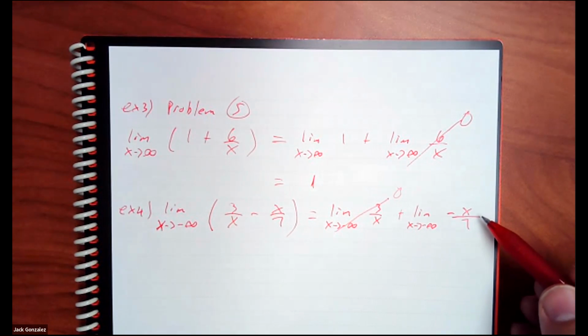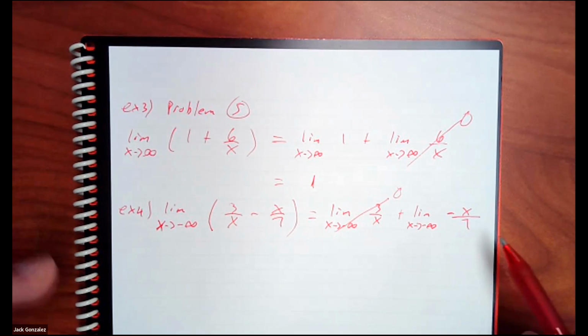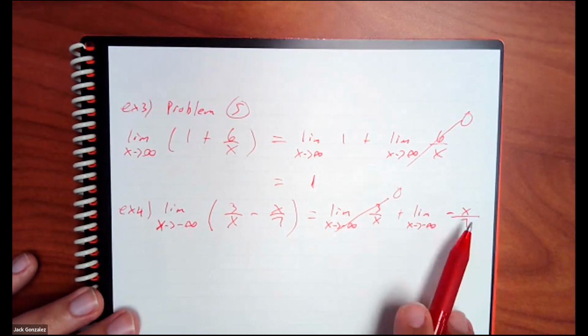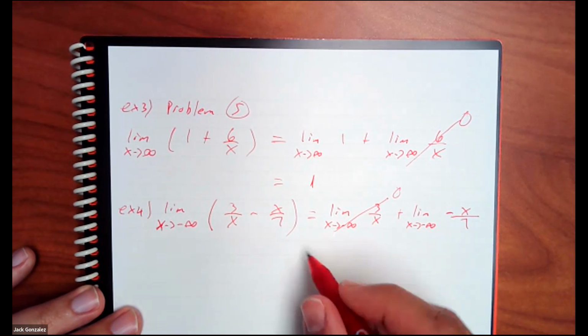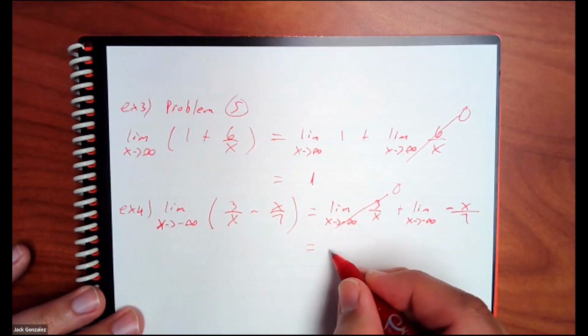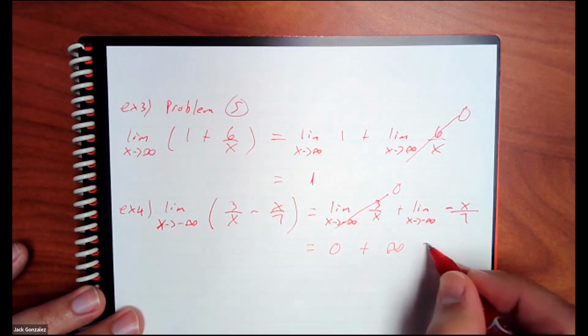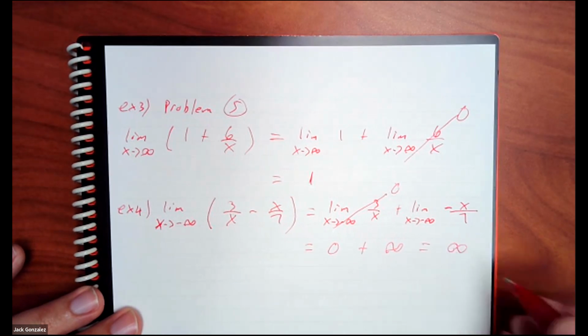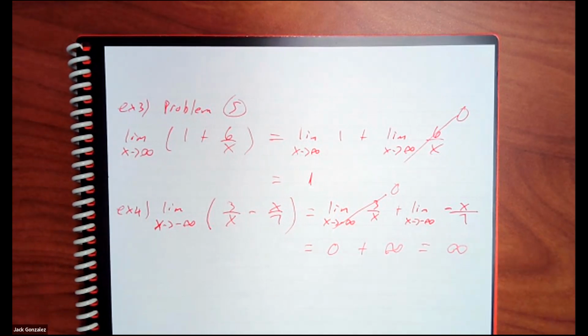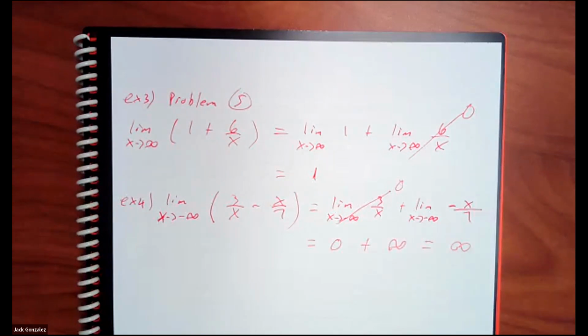Over here, though, we said if the degree is bigger on top, it goes to infinity. But since it's negative infinity, it's going to go to negative infinity, but there's a minus. So it's actually infinity. Does that make sense? If there was a minus there, you would have said negative infinity because the limit is going to negative.